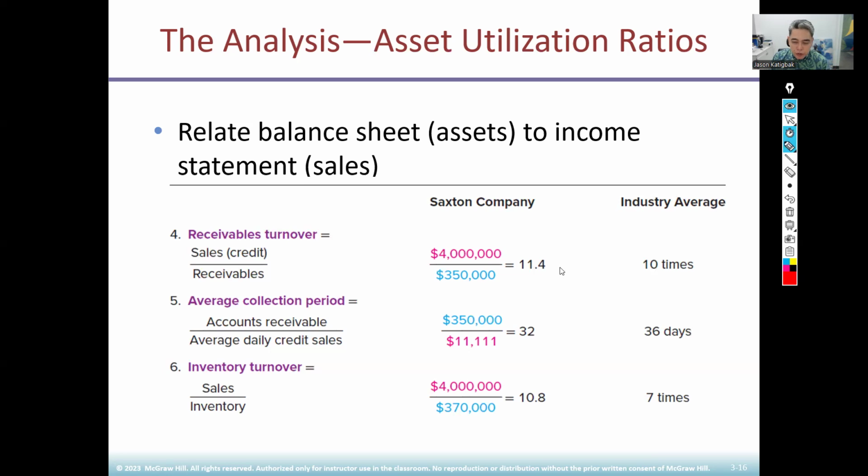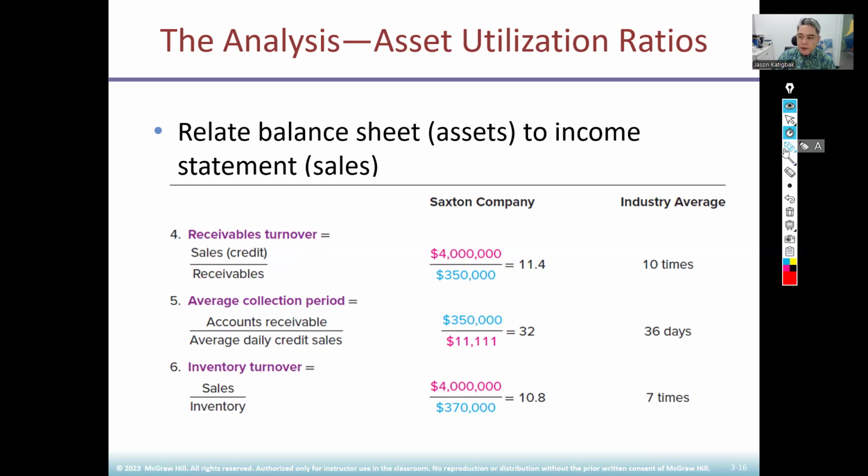Sometimes the problems would say all sales are on credit, 100%, then you can use that. If they say that 90% of the sales is on credit, then you need to multiply the 90% by the sales because you're going to divide it by receivables, which is technically what is outstanding as a collectible from the customer. That's why you want to do it apples to apples, right? Numerator is sales on credit, divided by the balance sheet, which is actually collectible accounts receivable.